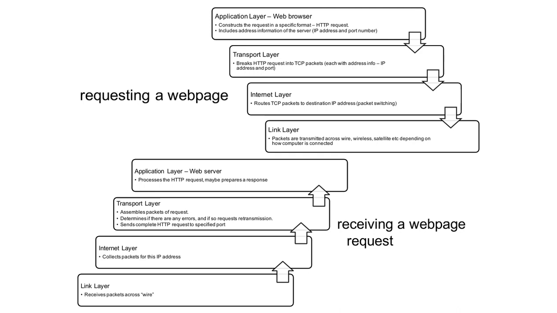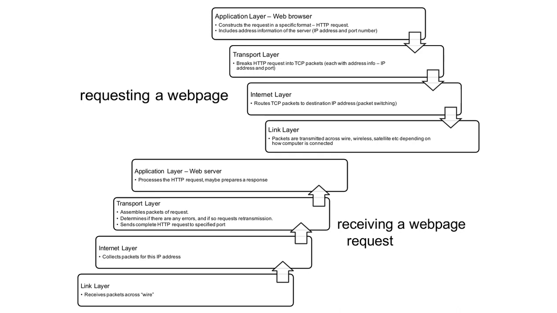So now your computer knows that the response came from that particular computer, the server, based on the IP address. Then it goes to the transport layer, and there it assembles the packets of the request, that processing of the packets is done, and then it sends the data to the application layer.